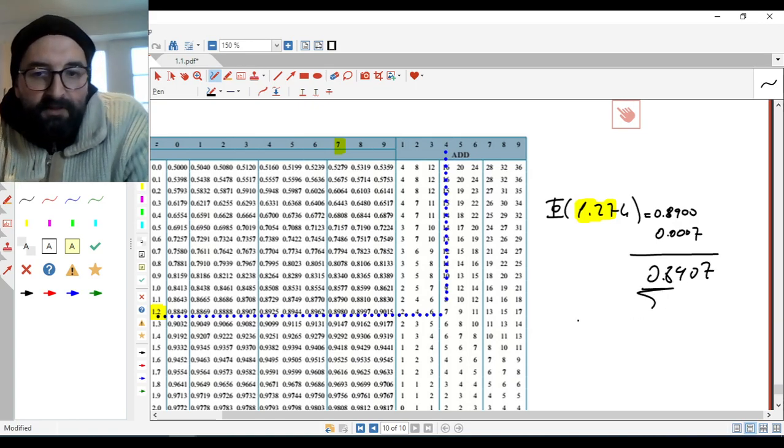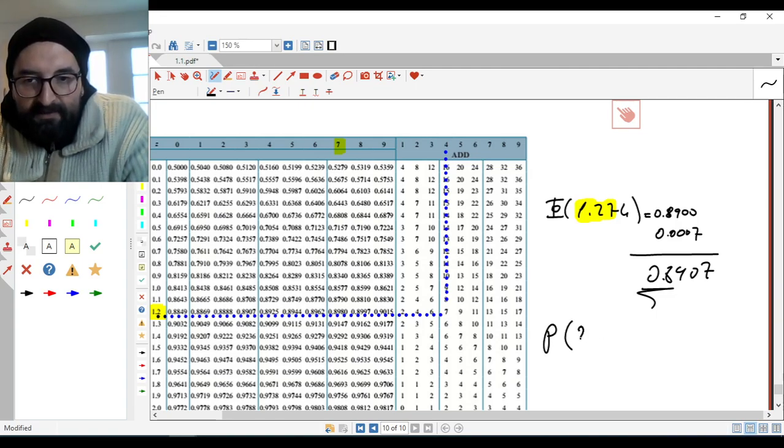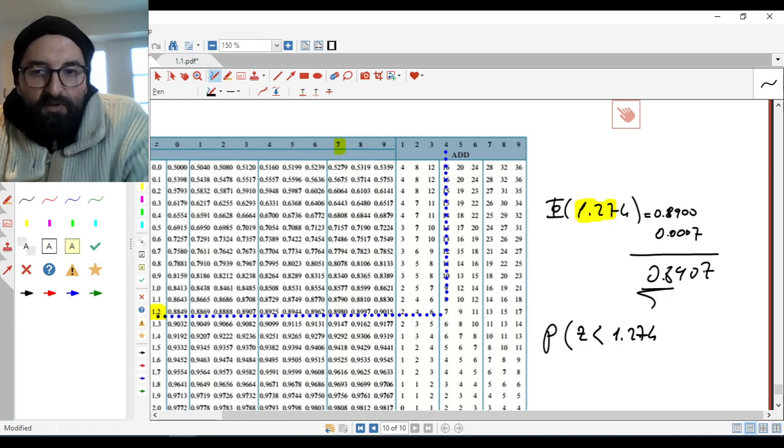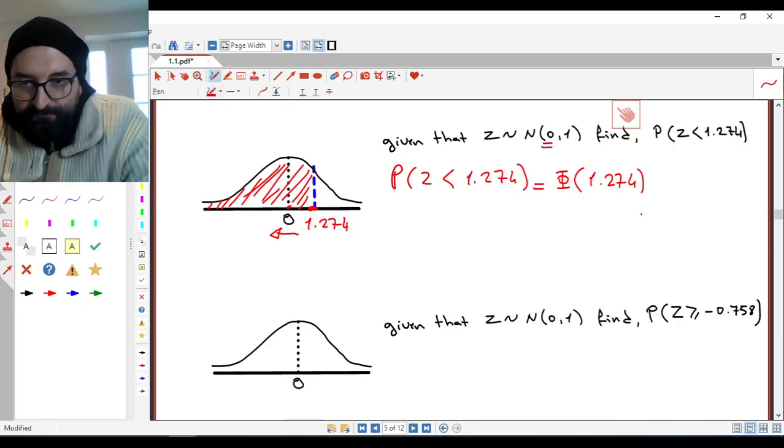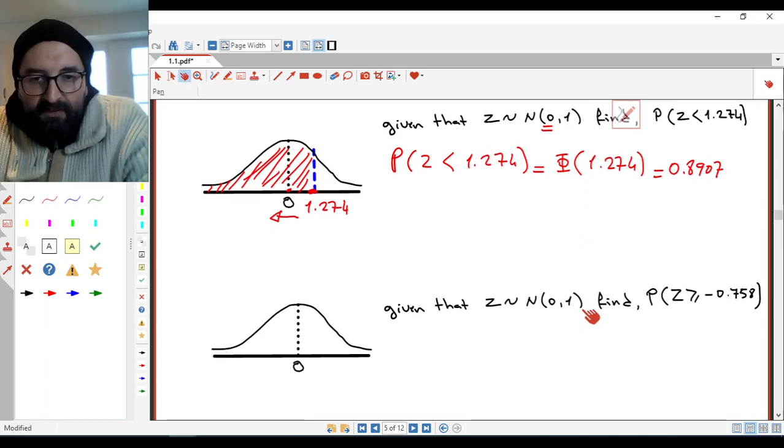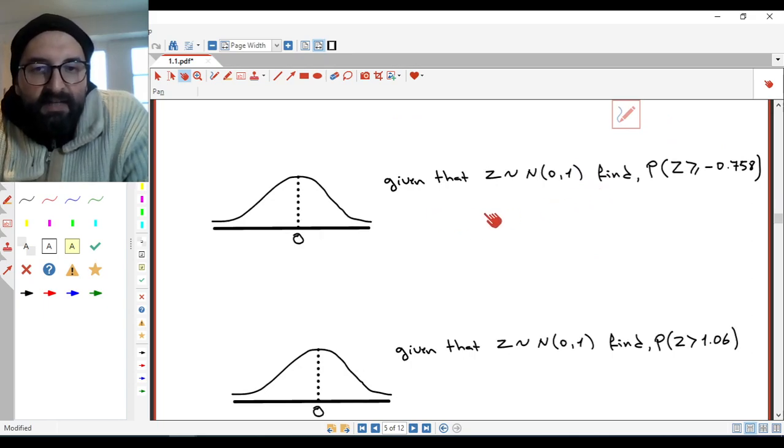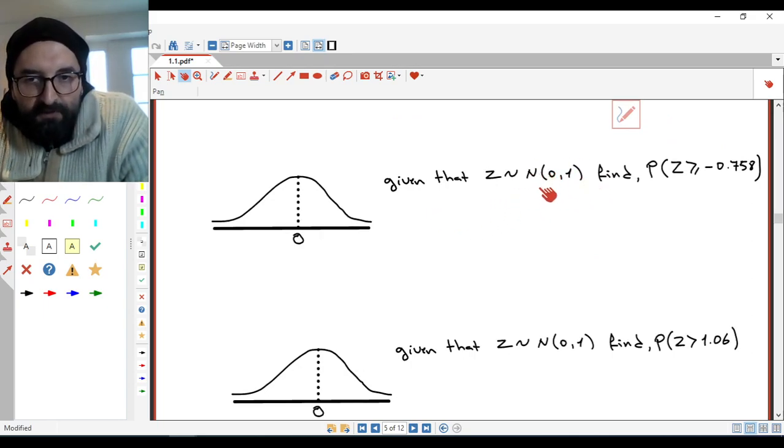This is the probability of z less than 1.274: 0.8907.